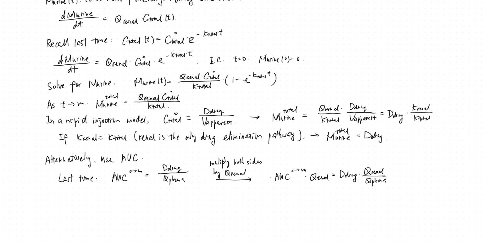Now notice that Q renal divided by Q plasma is the same as K renal divided by K total. If you recall from last time how K is defined, K is the Q from each elimination mechanism divided by the V apparent. So these two ratios are the same. I'm just going to write it again.